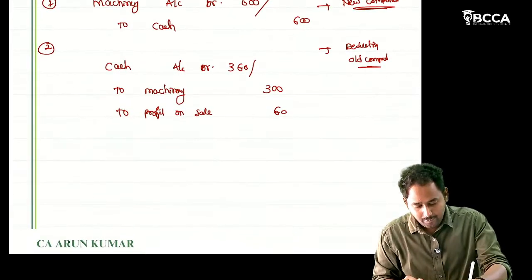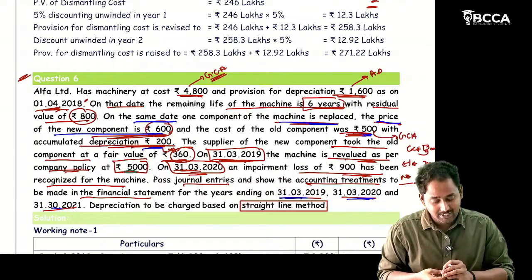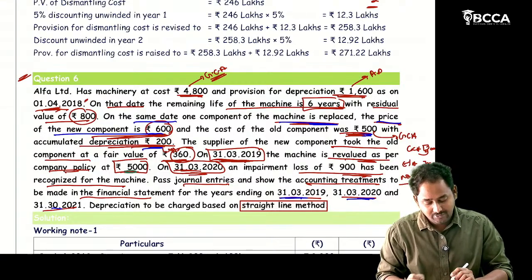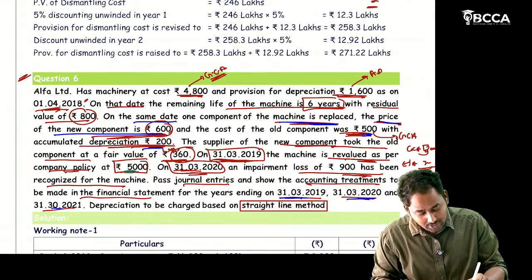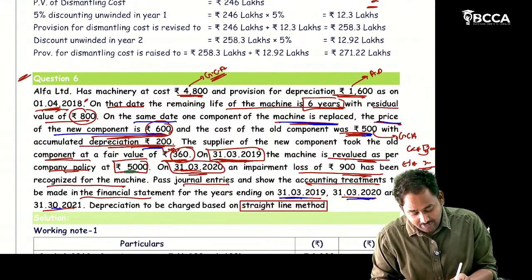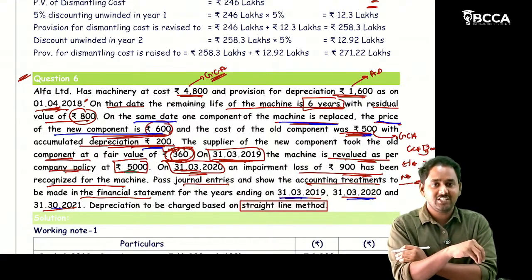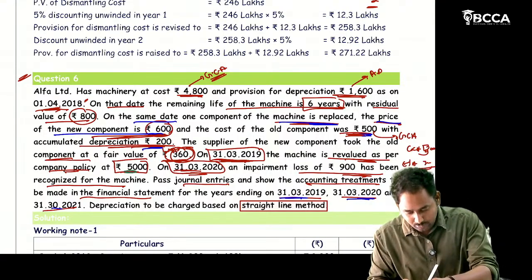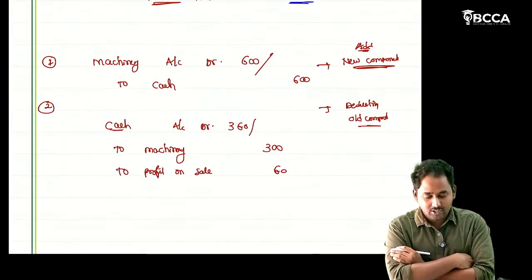But here, on the same day, one component of the machinery is replaced. The price of the new component is 600. The cost of the old component is 500 minus 200. The supplier took the old component at a fair value of 360. Here, I am not selling it. I am just exchanging it for the new component. So it is not coming in the form of cash.